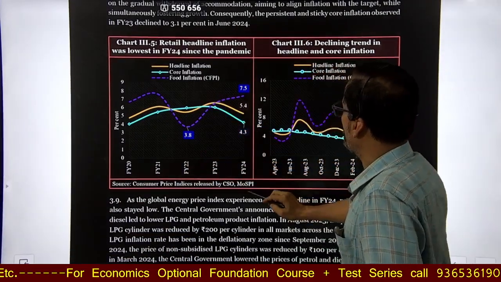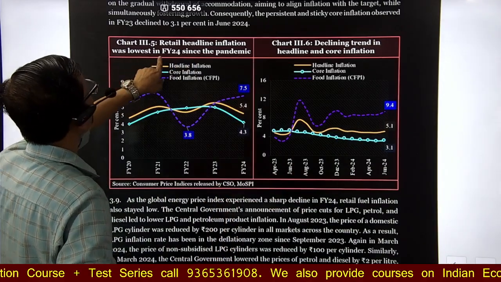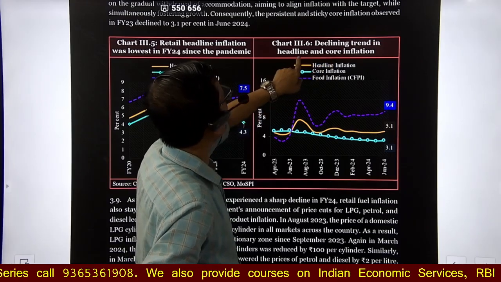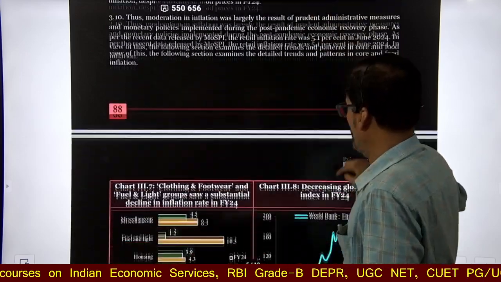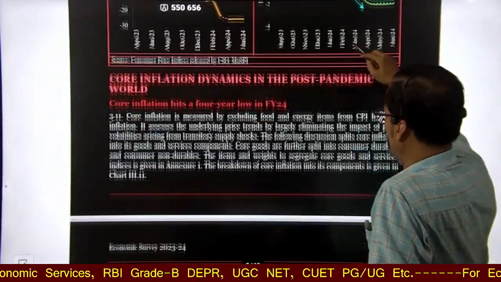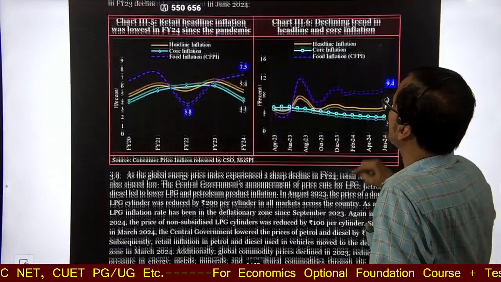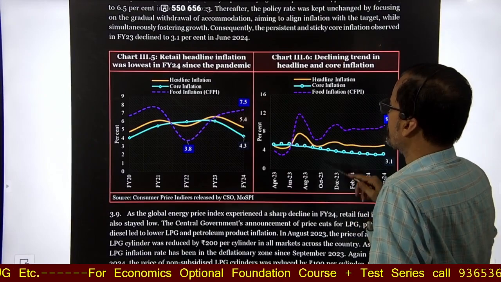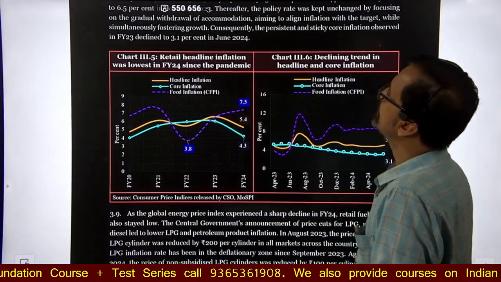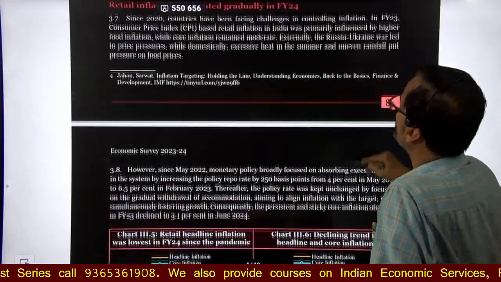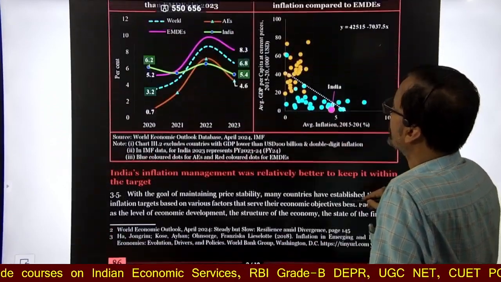Core inflation, this one is the consumer price index, retail inflation, was lowest since the pandemic, with a declining trend in headline and core inflation. When the policy rate is lower, a higher inflation rate is shown. So this is the negative relationship between policy rate and inflation. When the policy rate is rising, the inflation rate will decline.